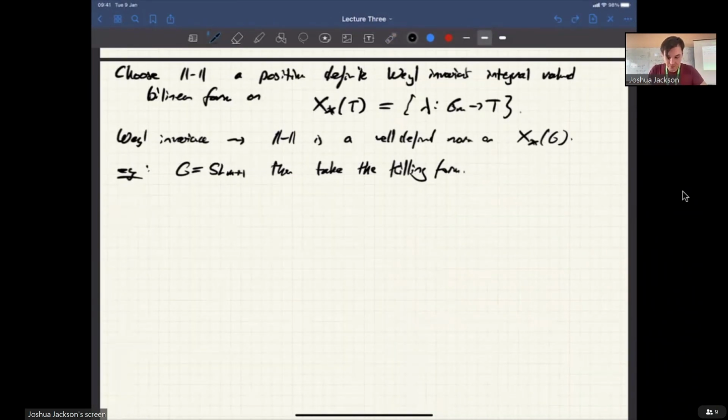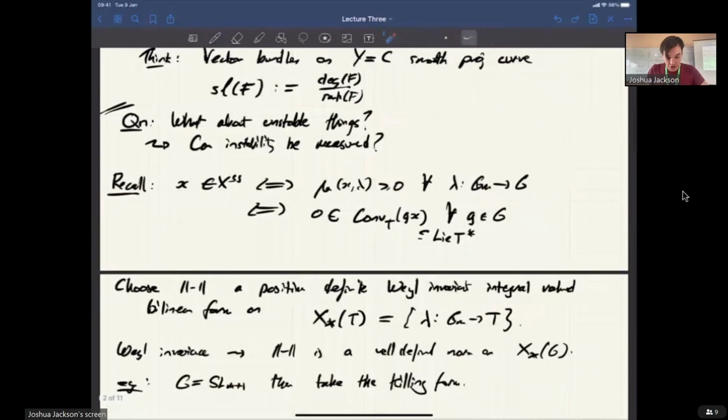Okay, just returning to this characterization here, another thing you could have said when I asked how you measure instability: the Hilbert-Mumford criterion tells me that semi-stability is equivalent to this condition being satisfied for all one-parameter subgroups, so you could look for the one-parameter subgroup that maximally violates this condition, the lambda that gives you the most negative answer.